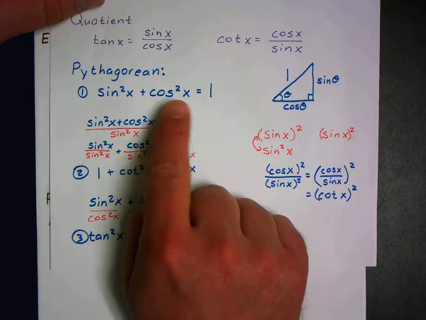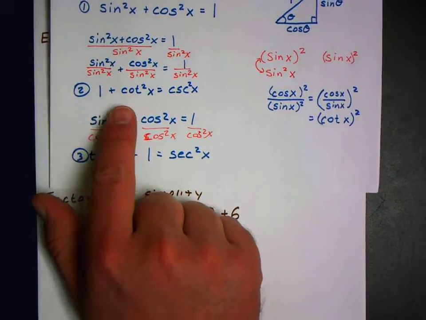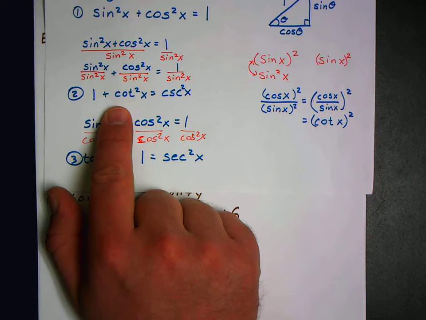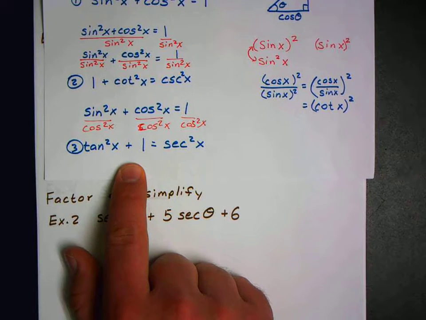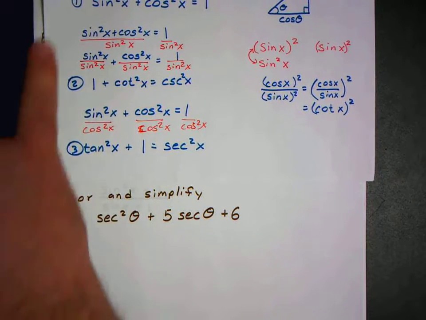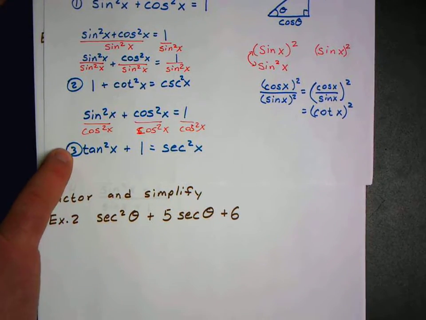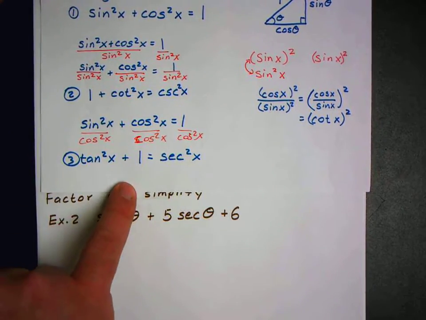So sine squared plus cosine squared equals 1. 1 plus cotangent squared equals cosecant squared. Tangent squared plus 1 equals secant squared. So these are going to be the ones that you need to make sure that you're memorizing. At least memorize this one and know how to get to these.